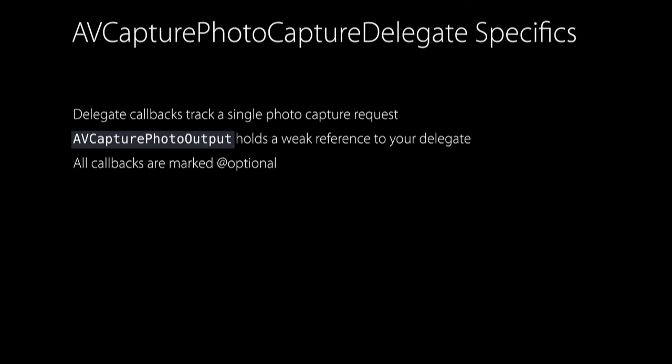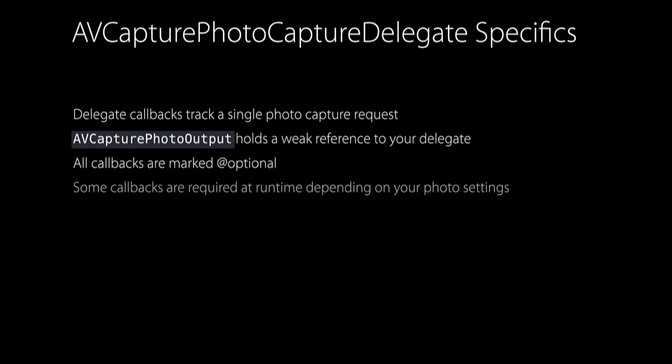So let's talk about those delegates in specifics. The callbacks track a single photo capture request. The photo output holds a weak reference to your delegate, so it will not keep that object alive for you. Remember to keep a strong reference to it in your code. All the callbacks in this protocol are marked optional, but some of them become required at runtime depending on your photo settings.